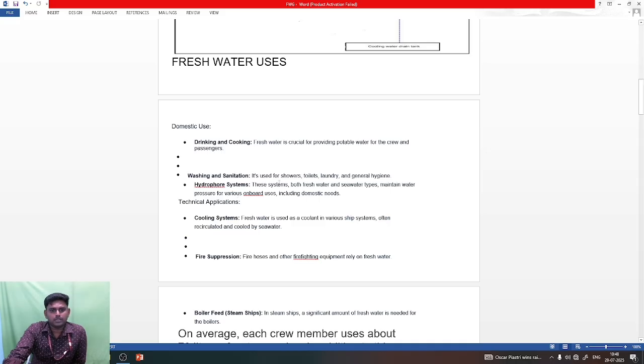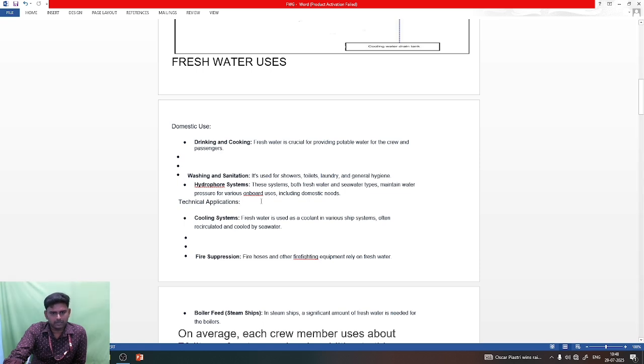For the water pressure, an automatic pressure limit switch is there. Once the water reaches the pressure and the limit switch is on, the pump is cut off. Then the water pressure drops. When the water pressure drops, the pump gets activated.